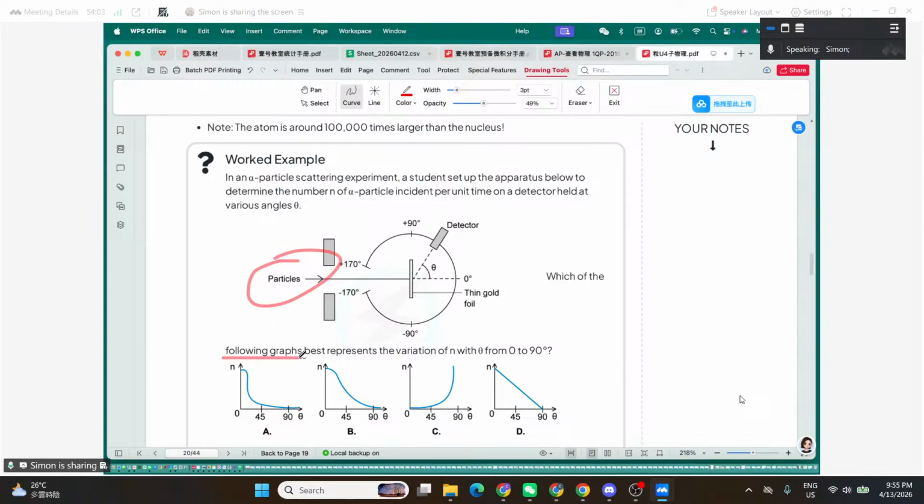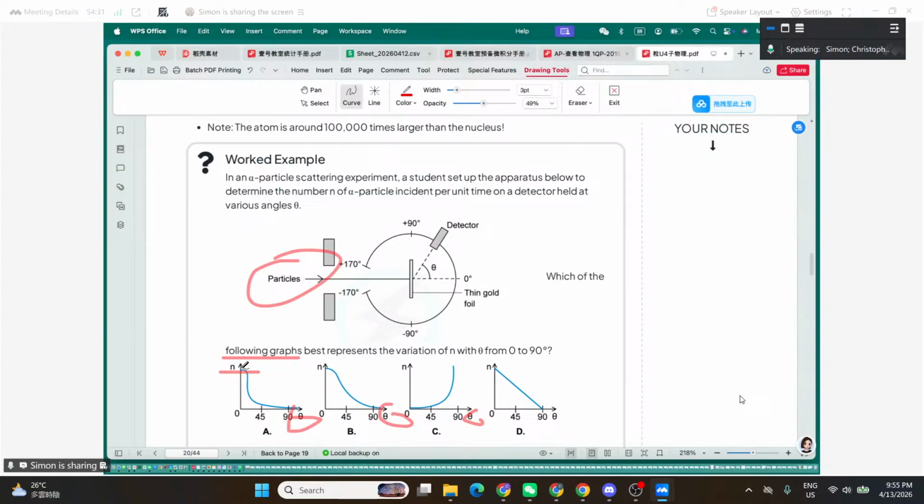The question wants us to choose which graph best represents the variation of n with theta from 0 to 90 degrees. Think about the axes: the x-axis represents the deflection angle, and the y-axis is the alpha particle number.